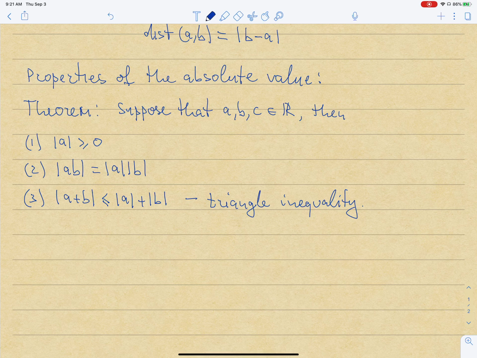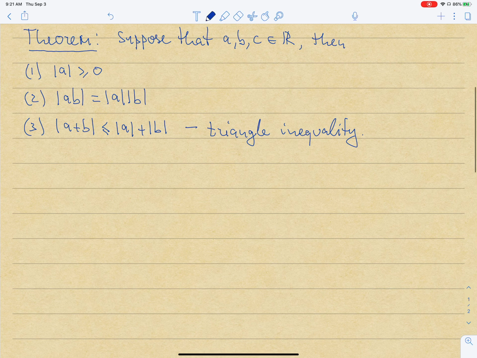Okay, so then with this theorem in mind, let's try to prove all items here.